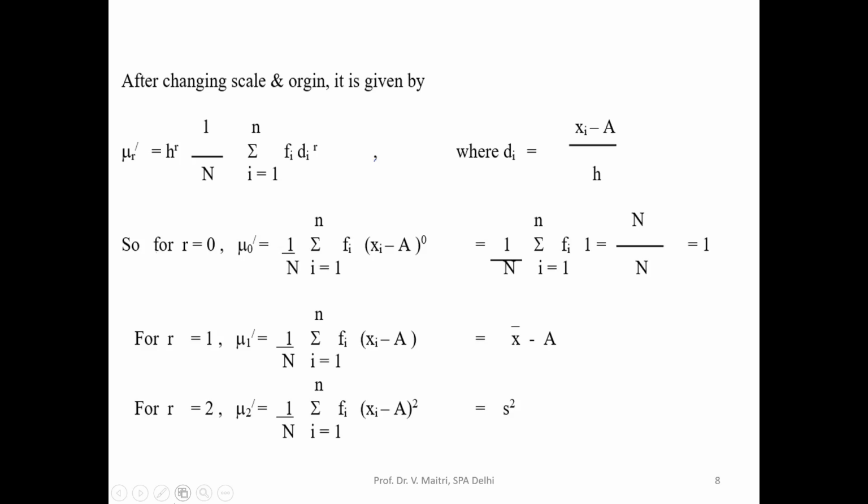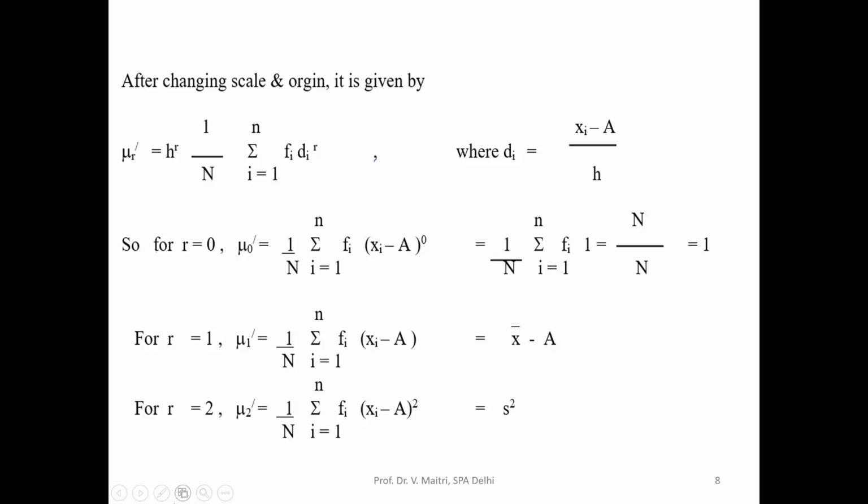Similarly, we can also find mu r dash, which is h to the power r times 1 by N summation f i d i raised to power r, where d i is (x i minus a) by h. So we can also use it for mu r dash by changing the scale and origin.